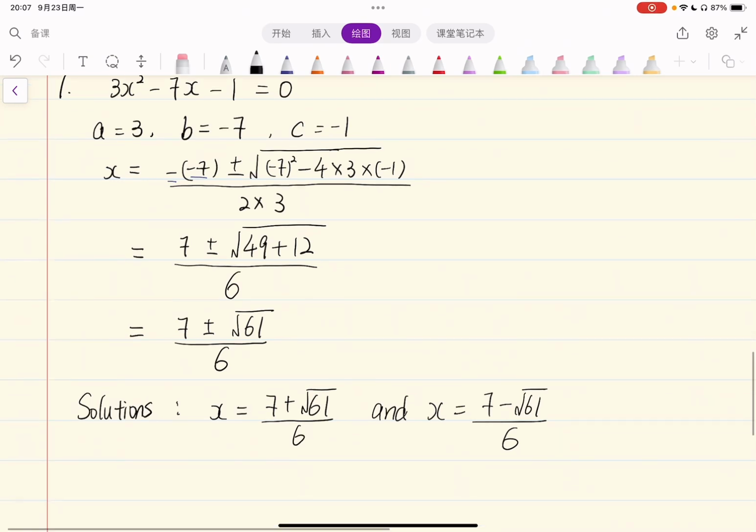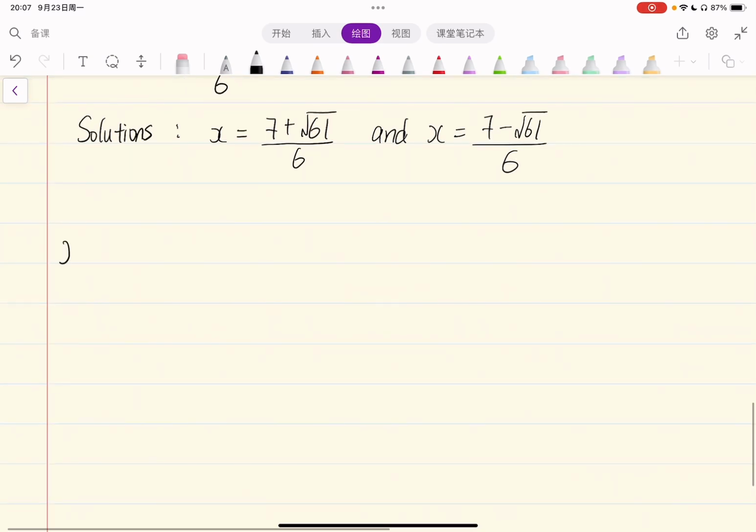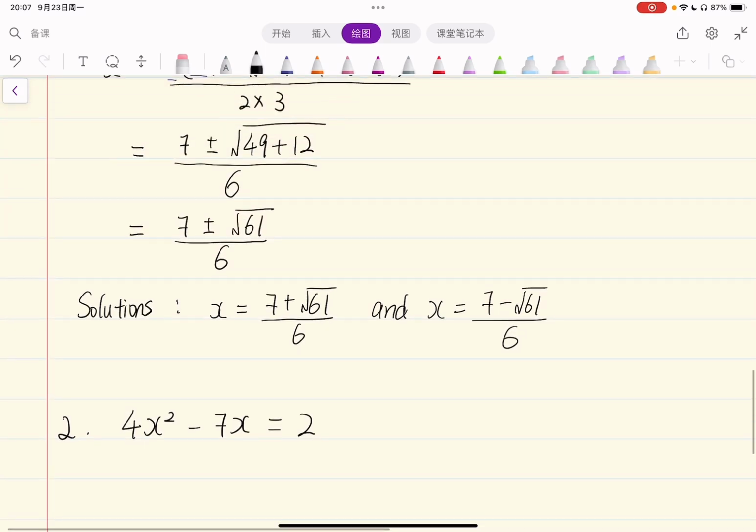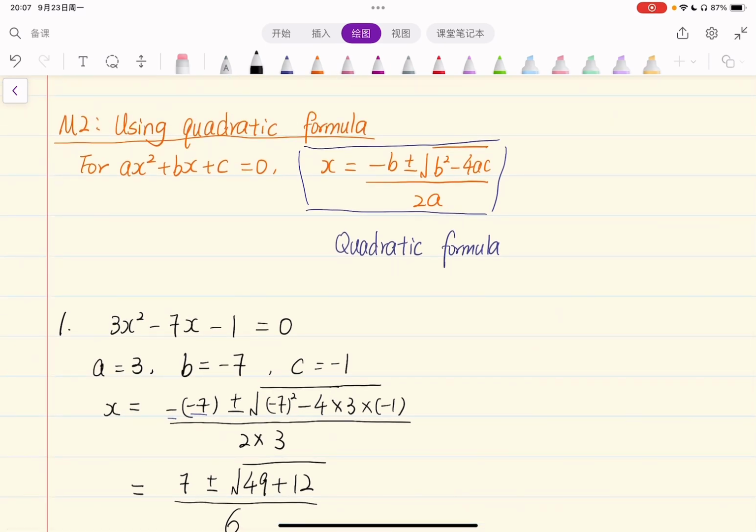Now let us move to the second question. 4x squared minus 7x equals to 2. What we need to do here: when we want to use the quadratic formula, we need to have ax squared plus bx plus c equal to 0. So the right hand side must be 0.